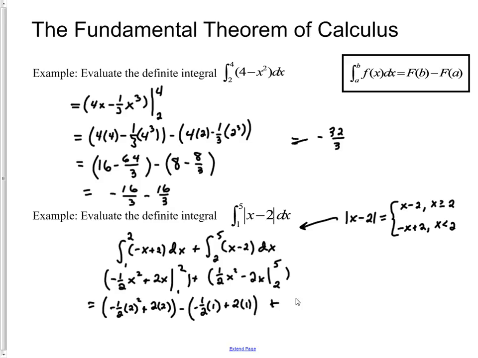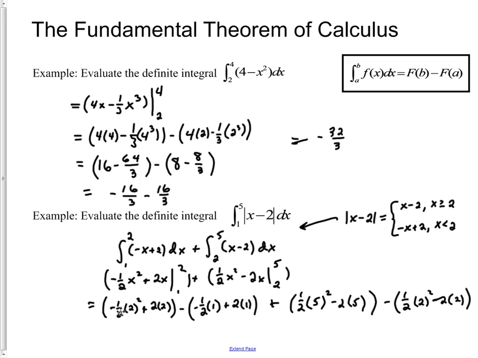Added to that, the quantity that we get in the next term is going to be 1/2 of 5 squared minus 2 times 5, taking away the quantity 1/2 of 2 squared minus 2 times 2.